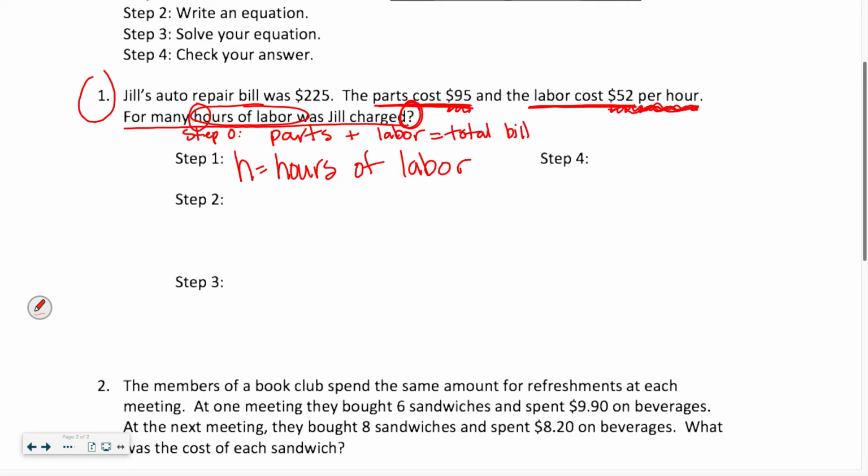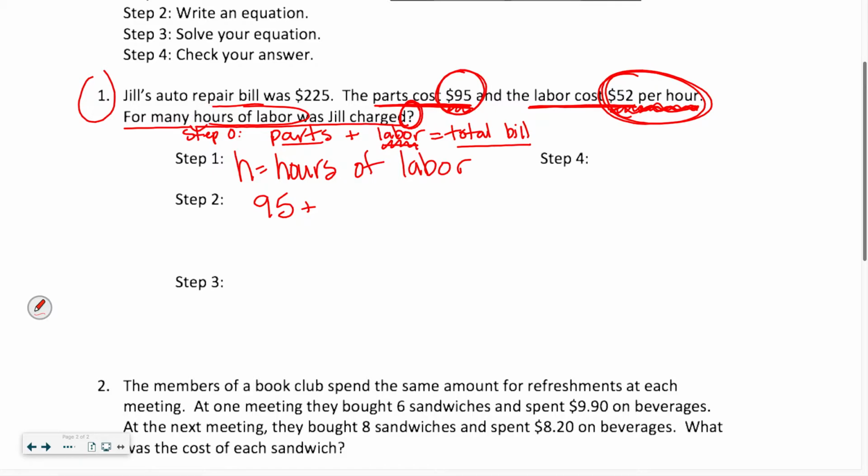Okay, step 2 is now your equation. So I have this idea of parts plus labor is my total bill. The parts, that's $95. Okay, so 95 plus this idea of labor. Well, the total labor cost comes from the amount per hour times the number of hours.